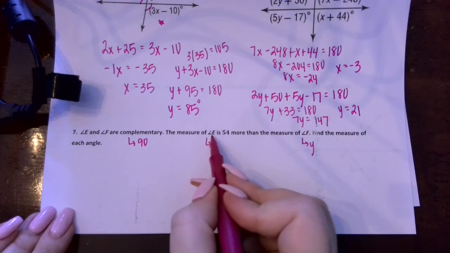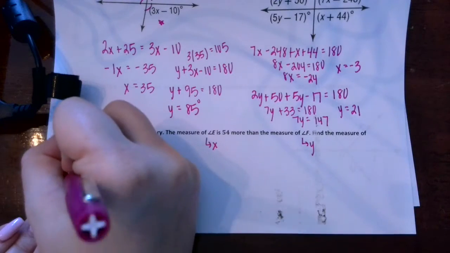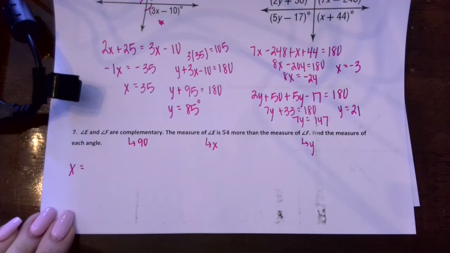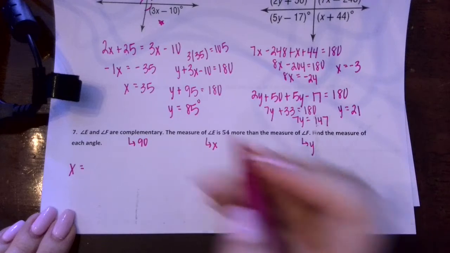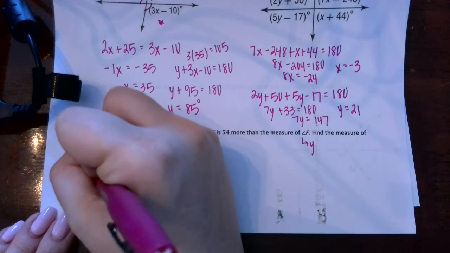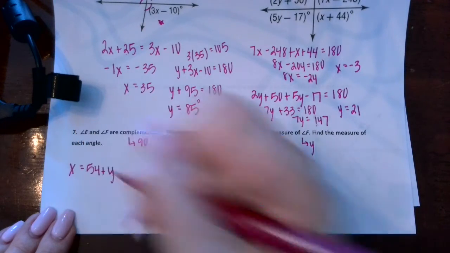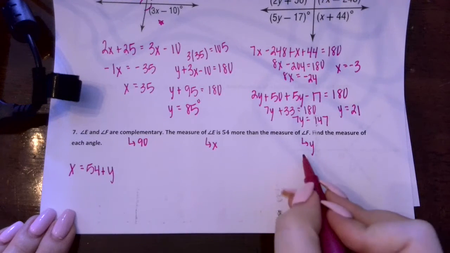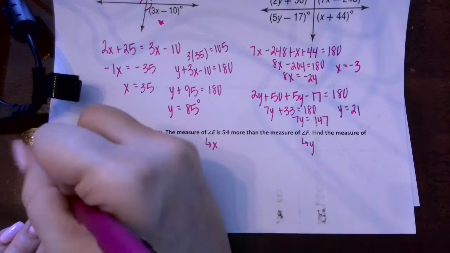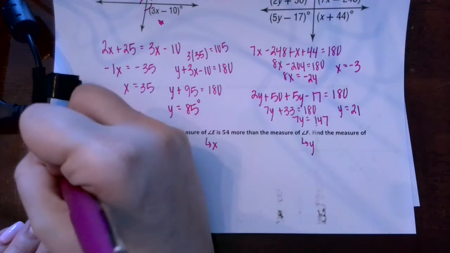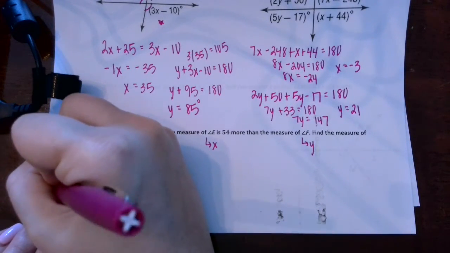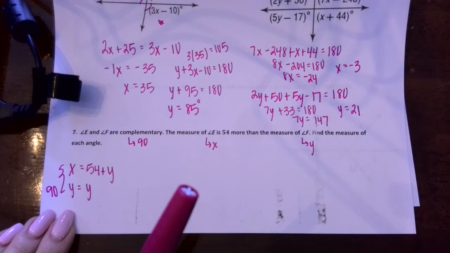So it says the measure of angle E, which I called X, is 54 more, which means add, than the measure of F. So I need 54 more than F. Notice it didn't give me any information about angle F, so I'm just going to keep that as Y. So these two together are going to equal 90 degrees.